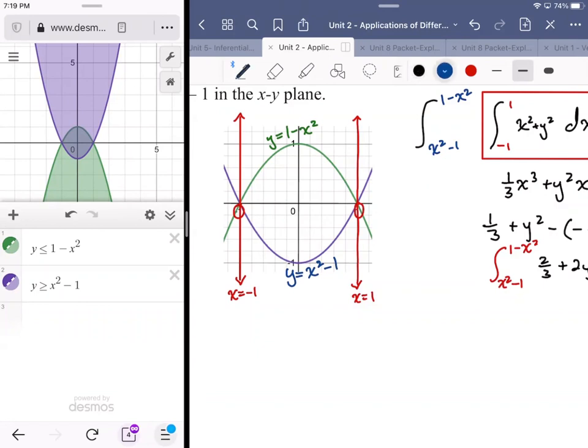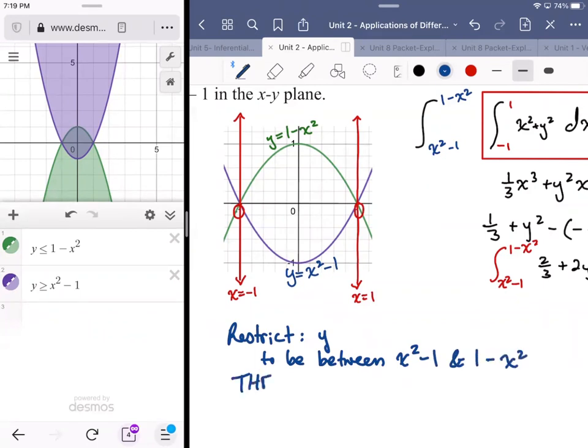But if we restrict y to be between x squared minus 1 and 1 minus x squared, then restrict x to be between -1 and 1.